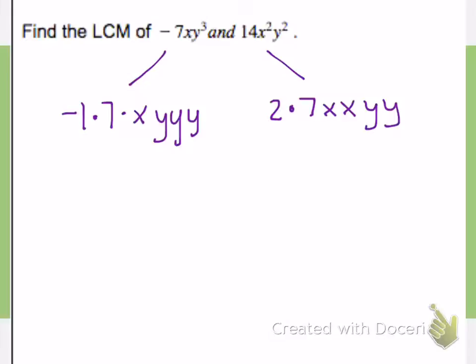Now to find the LCM of those 2 monomials, again, you would do the factor tree. Now we've just done that. So I've kind of copied over the base of my factor tree. I've just broken it down into the primes. And remember, for the LCM, you want it to contain all the building blocks.